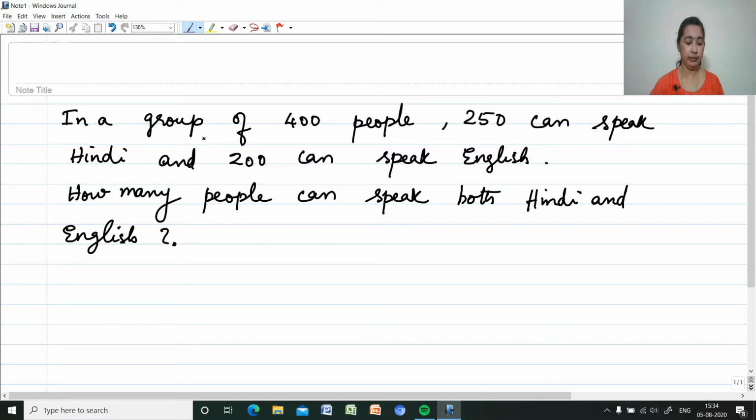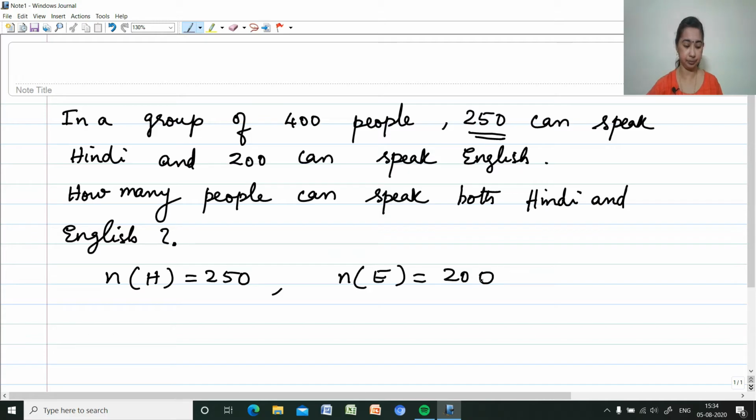Here it is given that the number of people who can speak Hindi is 250, so n of H is equal to 250, and the number who can speak English is 200, so n of E is equal to 200.